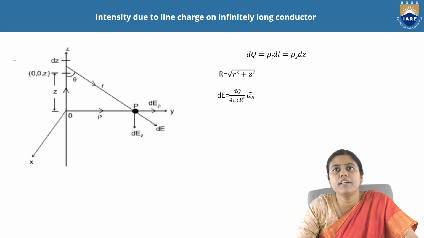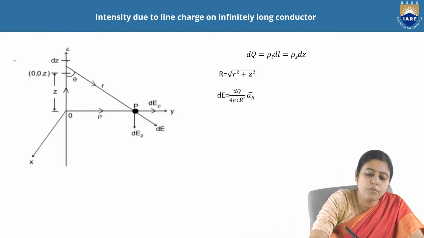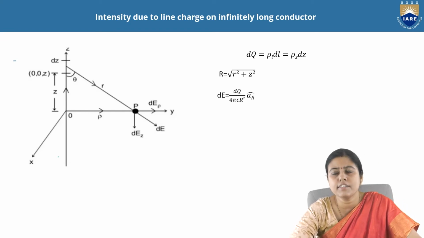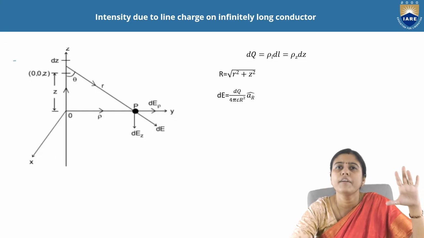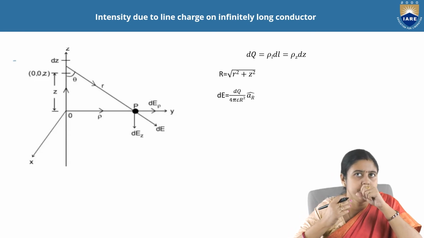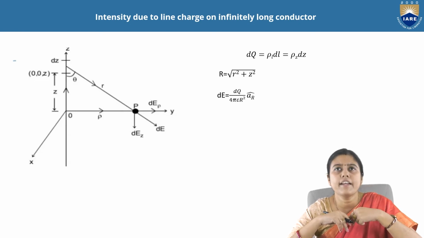What is the field intensity due to a line charge on an infinitely long conductor? So see, we have an infinitely long conductor. We have just discussed a conductor of length L. What will happen if it is an infinitely long conductor?